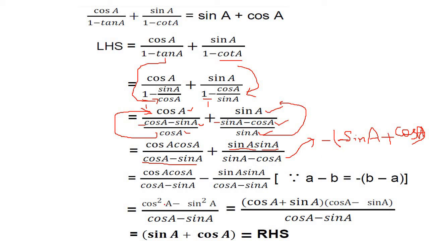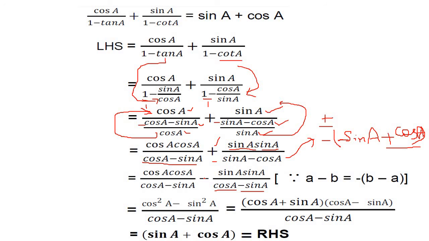So we can write first cos A. Next minus sin A. Here a positive is divided by a negative, since we are taking minus as common outside, so plus divided by minus is minus.